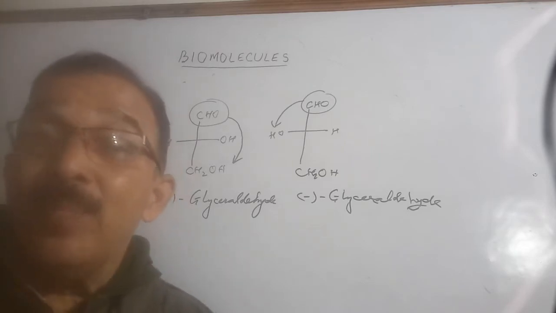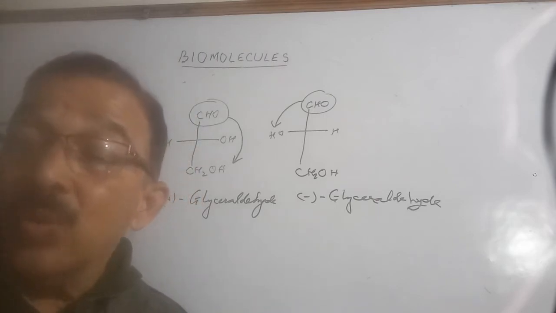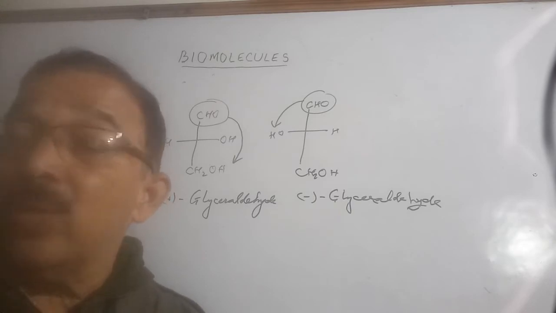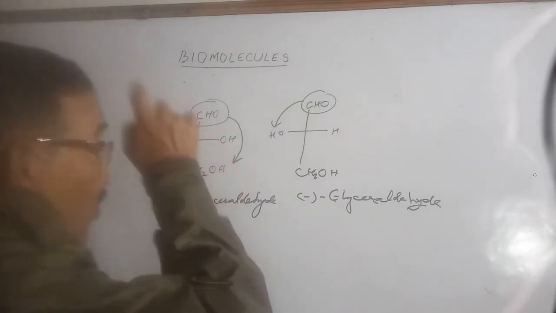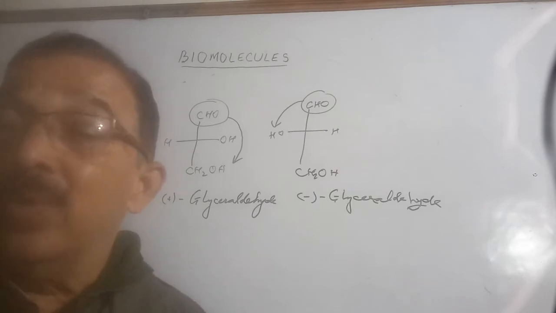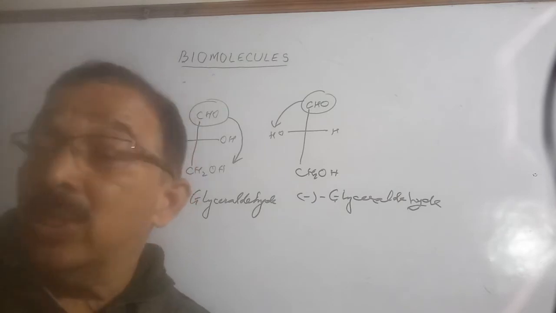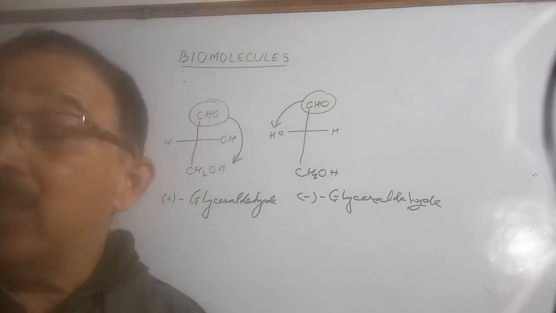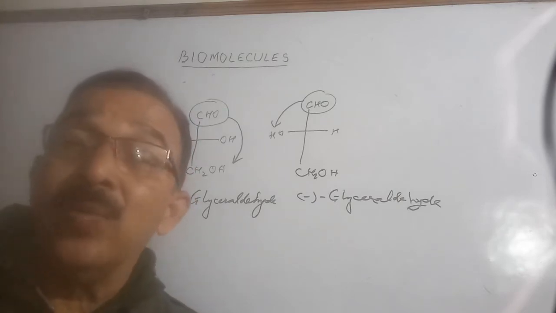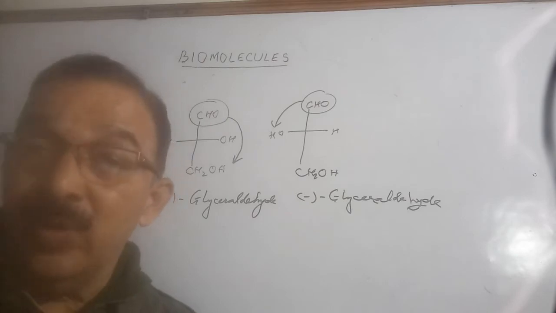All those compounds which can be chemically correlated to the plus isomer of glyceraldehyde, that is this one, are said to have D configuration, whereas those which can be correlated with the negative isomer of glyceraldehyde are said to have L configuration.